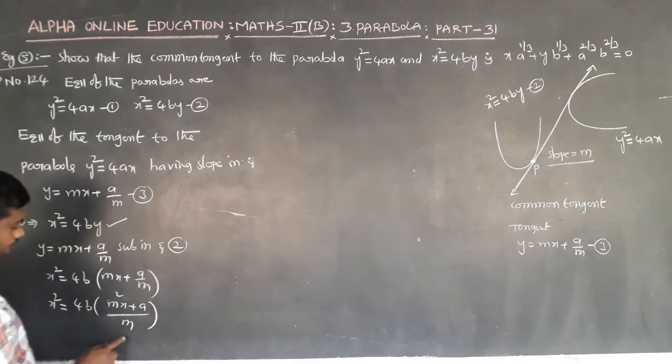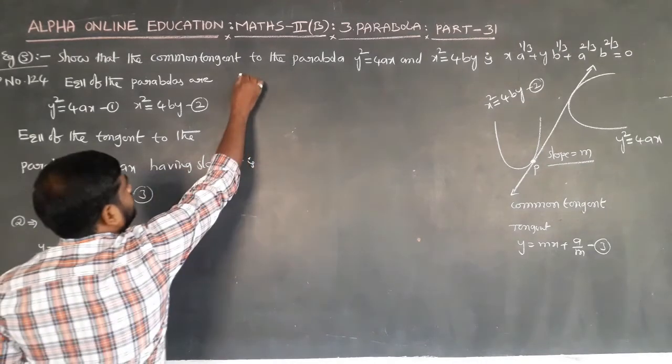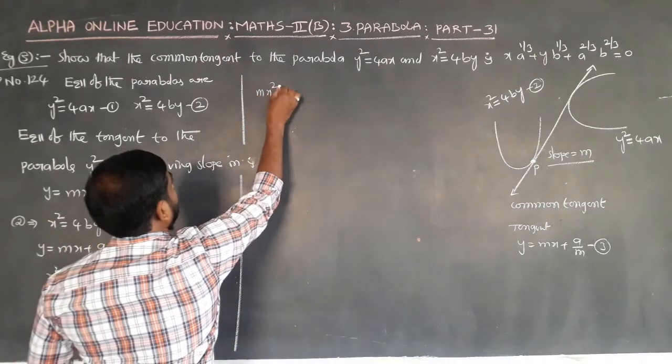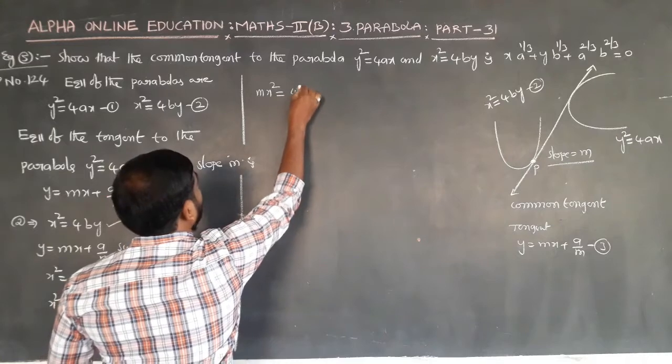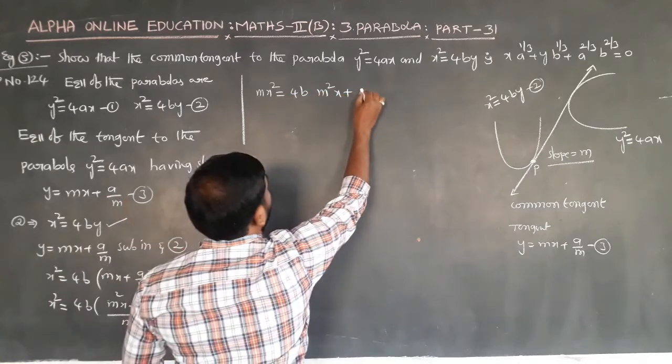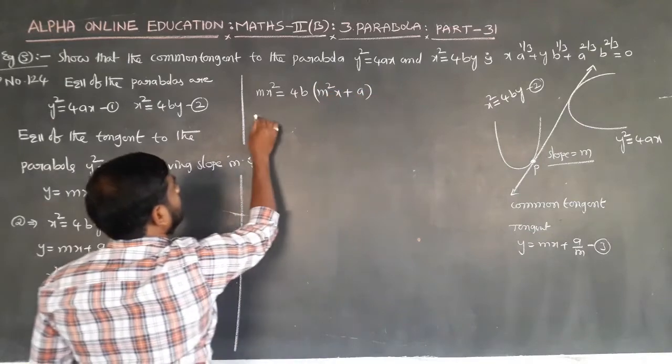Here taking m to the left side, mx square is equal to 4b into m square x plus a.